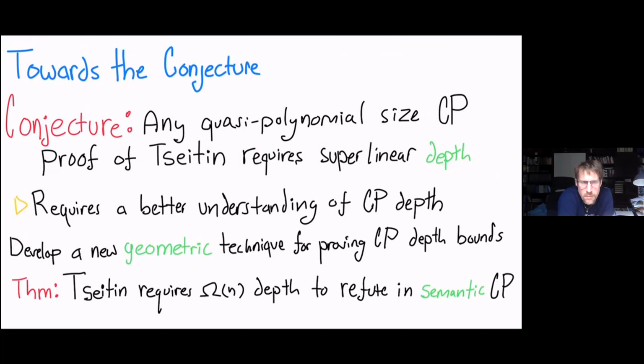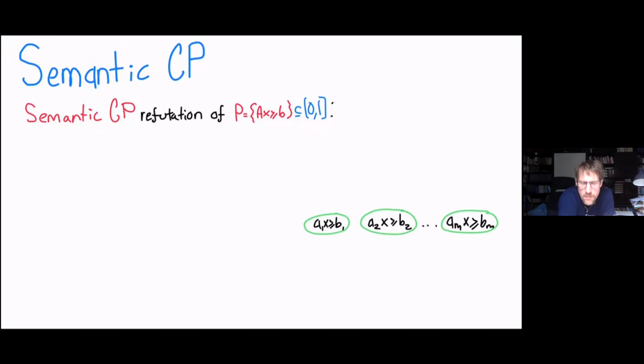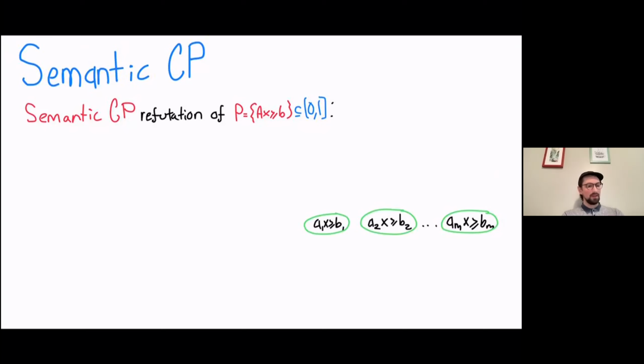And what do we mean by semantic cutting planes? We mean the rule is still binary, but anything implied by two linear inequalities, I can derive. So in syntactic cutting planes, you had the CG cut rule.